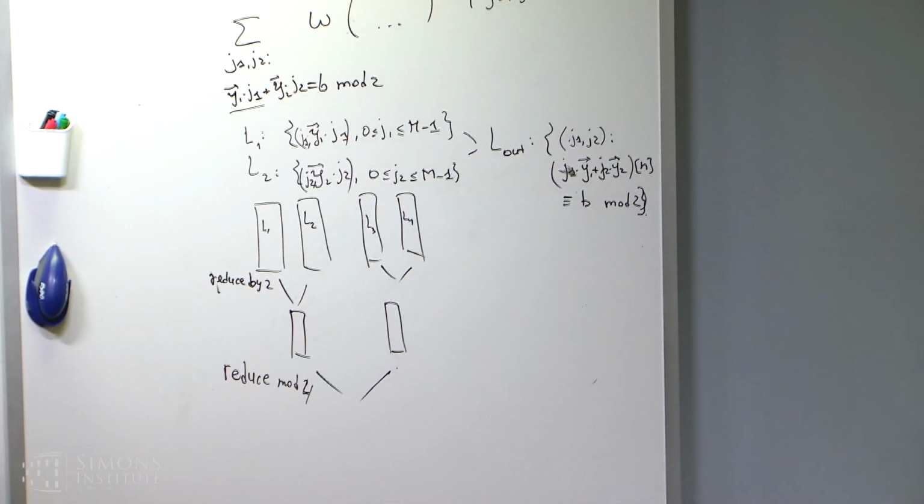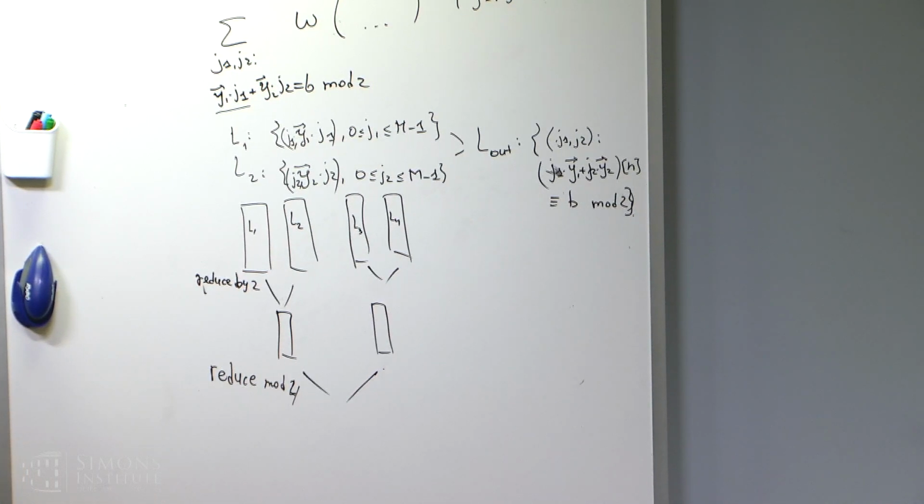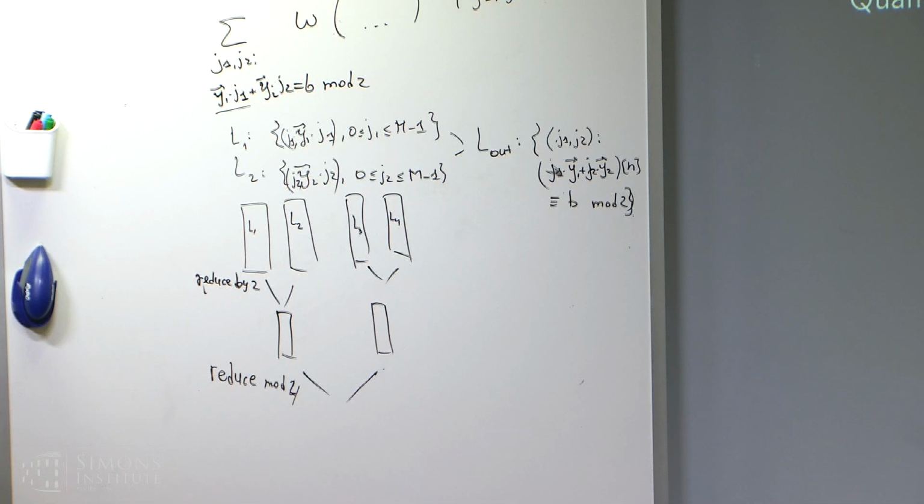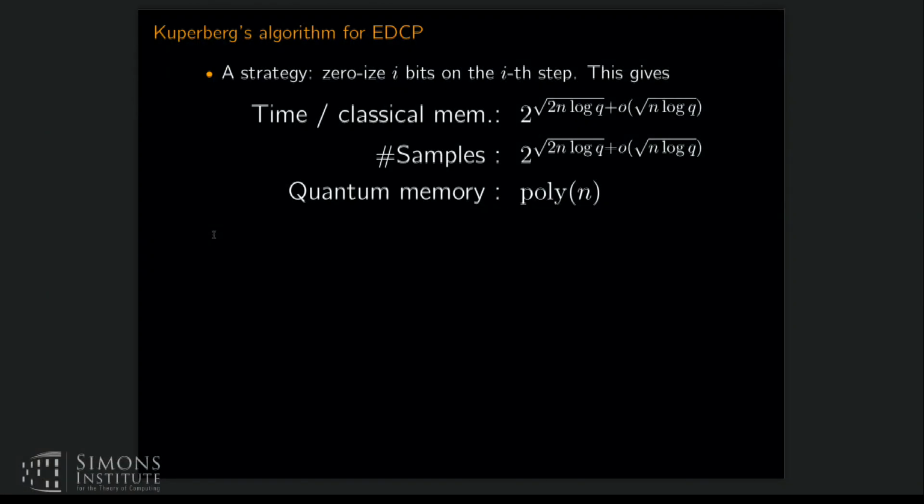So it turns out that the strategy I just described, doing the first 1 bit, 2 bits, 4 bits, and so on, zeroing I bits on the I-th step, gives you precisely the square root 2 to the n algorithm mentioned previously.